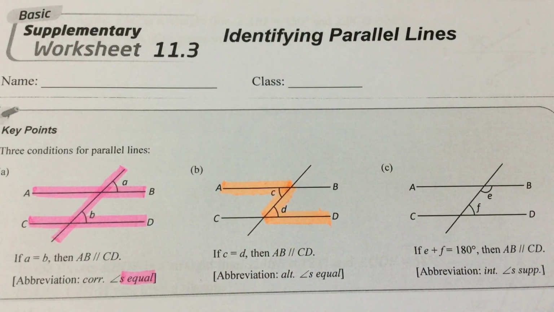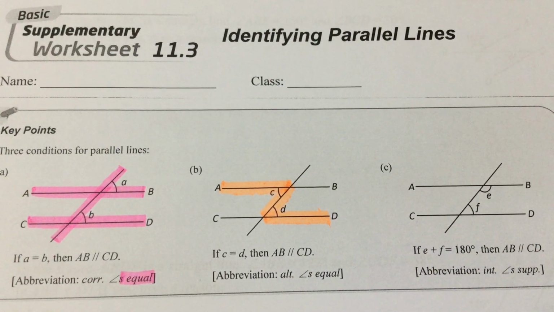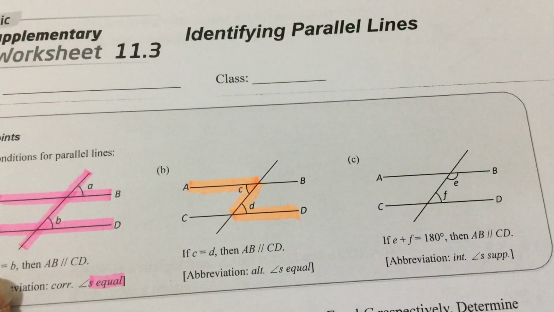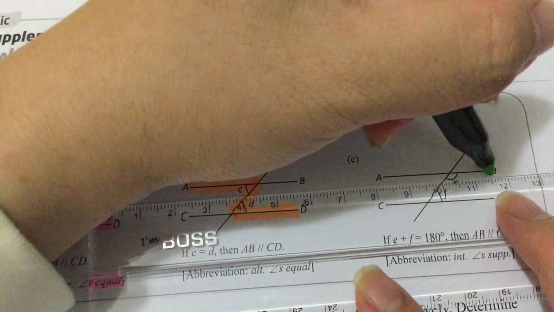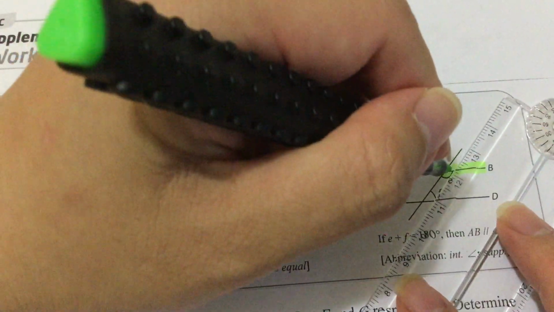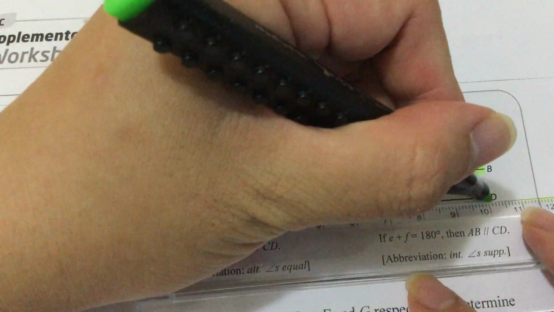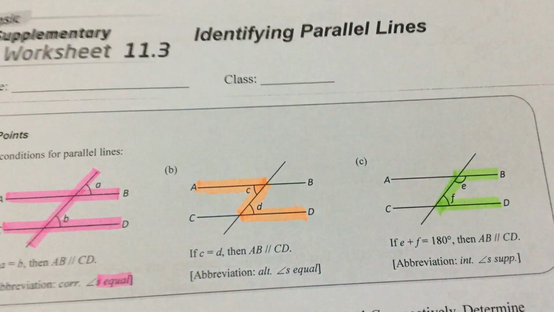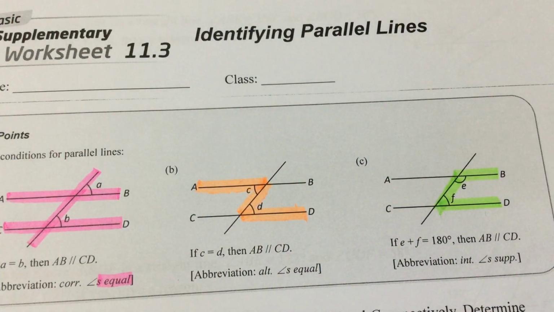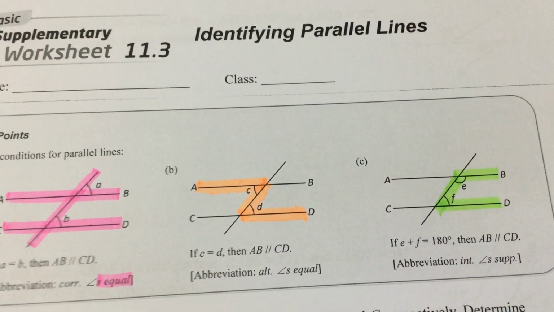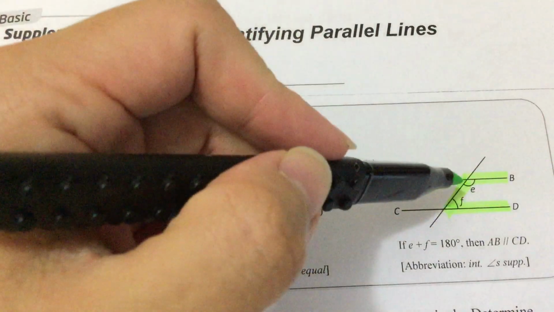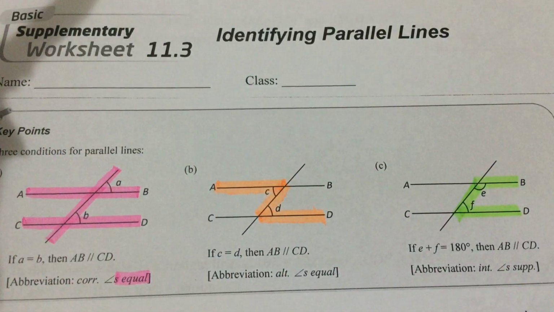And finally, we know this one is the C. C means we will use the interior angle here. So we will draw this C first. This time we know these two angles added together will be 180 degrees. We know E plus F is equal to 180 degrees, so we know these two straight lines will be parallel.